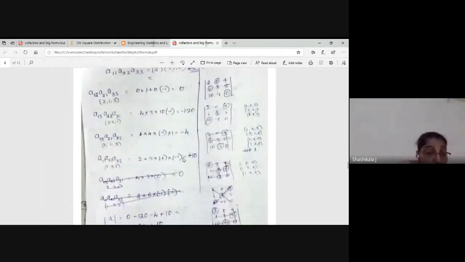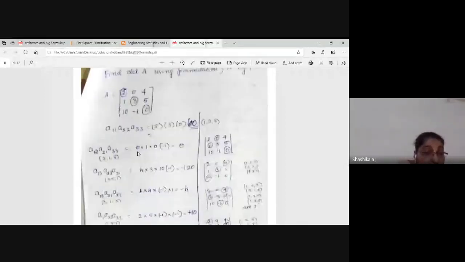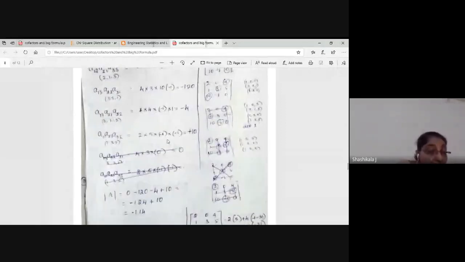Determinant P is, now I have to take that, which is what column? Here it is this and this. In the first row it is the first column, in the second row it is the third column, in the third row it is the second column. So my columns are 1, 3, 2. Now you tell me what determinant P is, +1 or -1? Think and tell me. Don't look here.